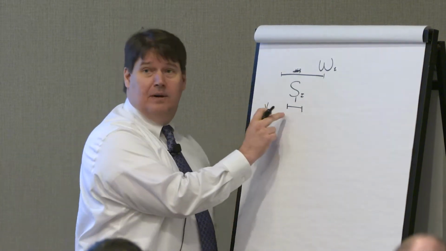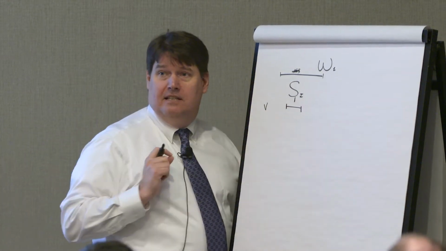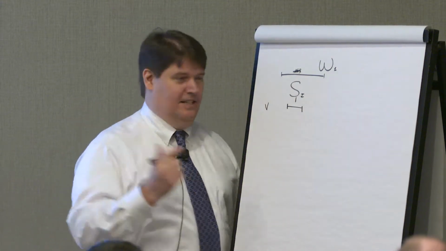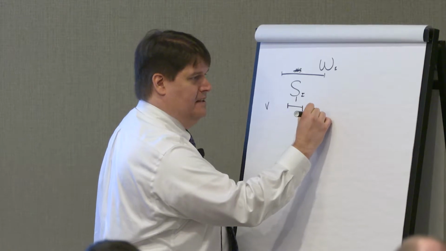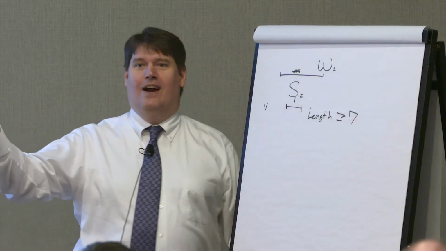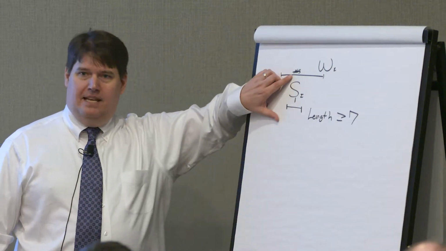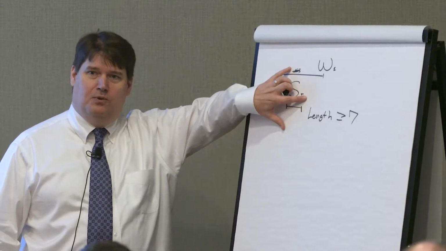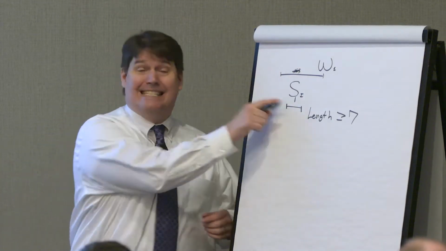What's the second thing we want to say about this visit? Duration, yeah, exactly. So length greater than or equal to 7. If we have somebody that satisfies this rule, they're out, meaning this cannot happen.